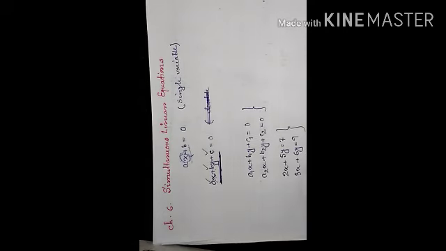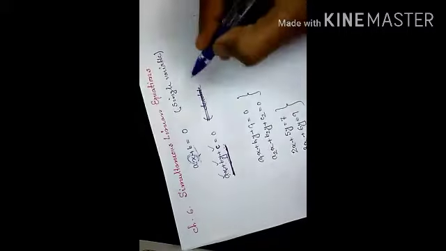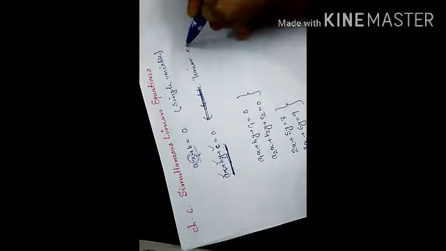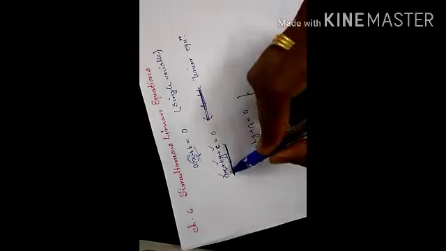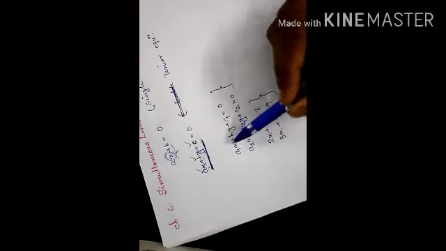Now come to the simultaneous linear equation. Simply, this equation is also called the linear equation, where, remember, a, b, c are the constant terms, and x and y are the variables. Now what is the meaning of simultaneous linear equation? Suppose we have two equations.